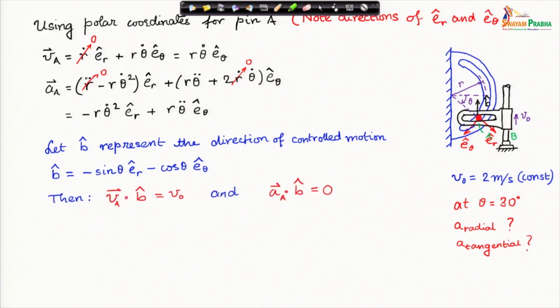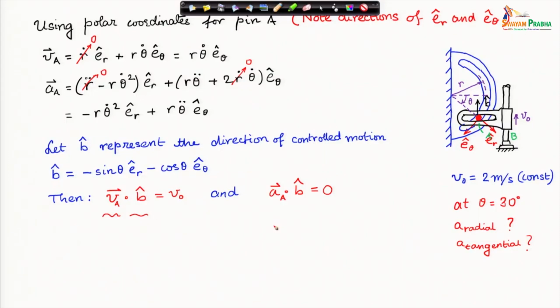Now, what is the condition given on pin A? So, pin A is moving because of this horizontal slot which is moving vertically up at a constant velocity. Therefore, whatever be the velocity of pin A, its dot with b cap should be the velocity in the vertical direction, which is v naught, which is specified as 2 meter per second, and it is constant velocity.